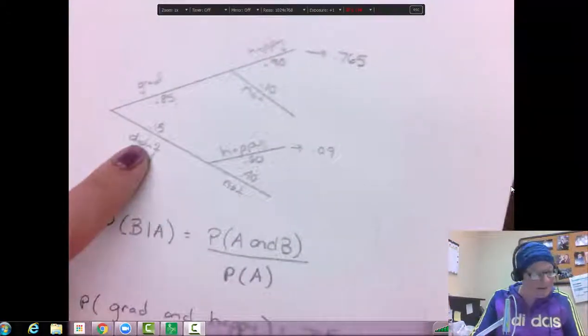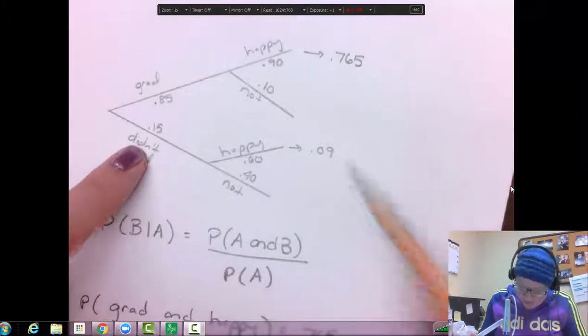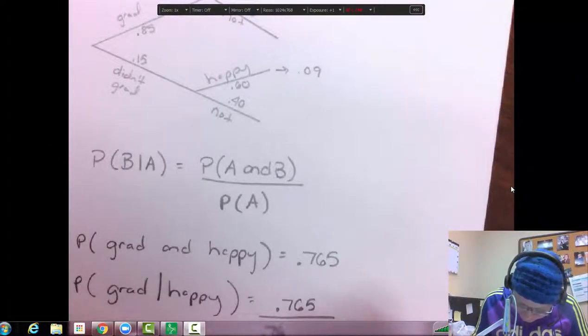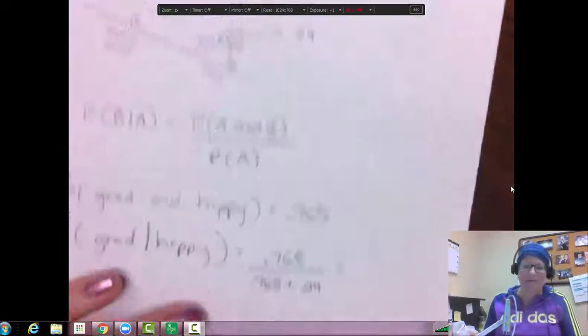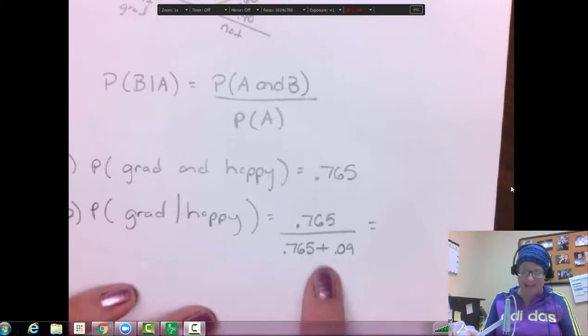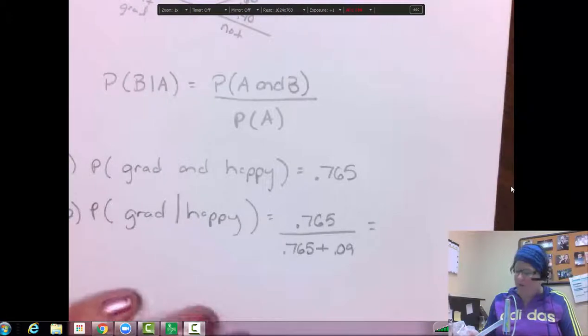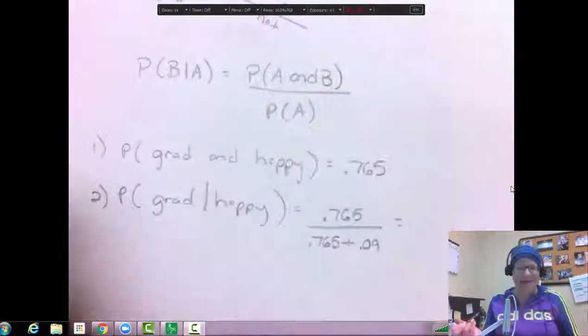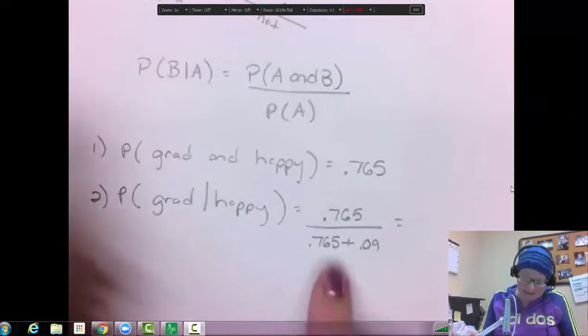So the probability of being happy is these two added. 0.765 plus 0.09, and that's how I'm going to get that denominator of completely happy. That threw me for a loop for a little bit when I first looked at these because I forgot the other line has a happy.